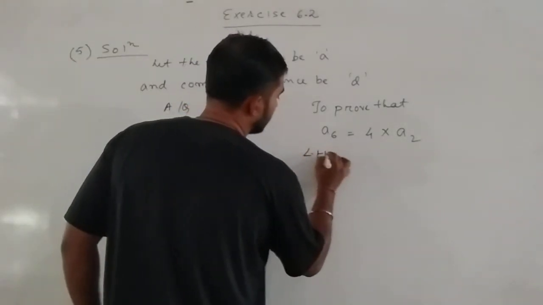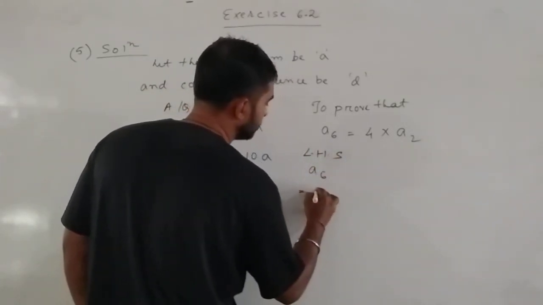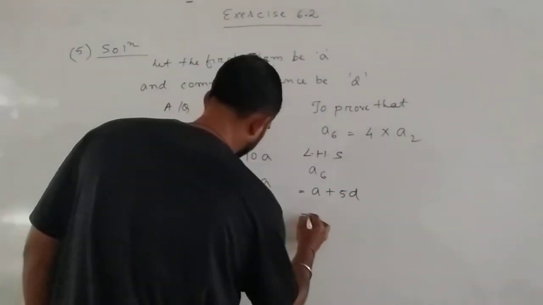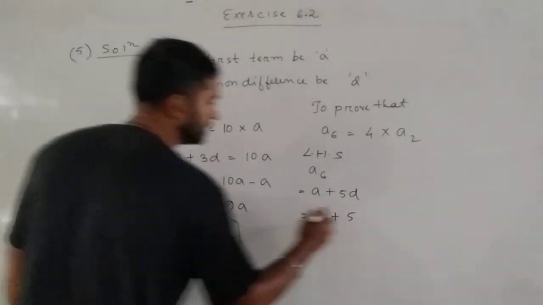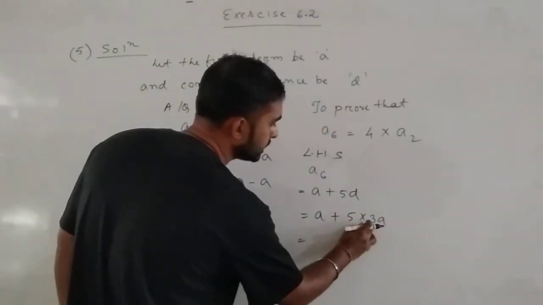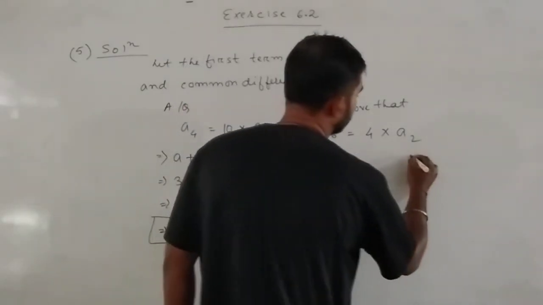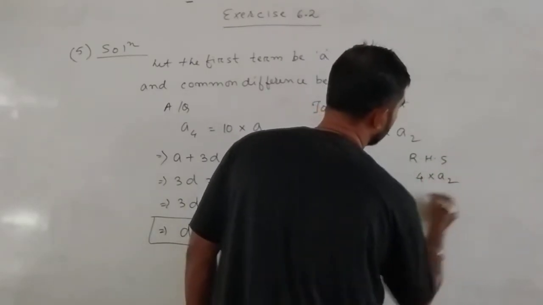So left hand side equals A6. A6 means A plus 5D. Replace D by thrice A. 5 into thrice A, 15A plus A, 16A. Then solve the right hand side. 4 into A2.